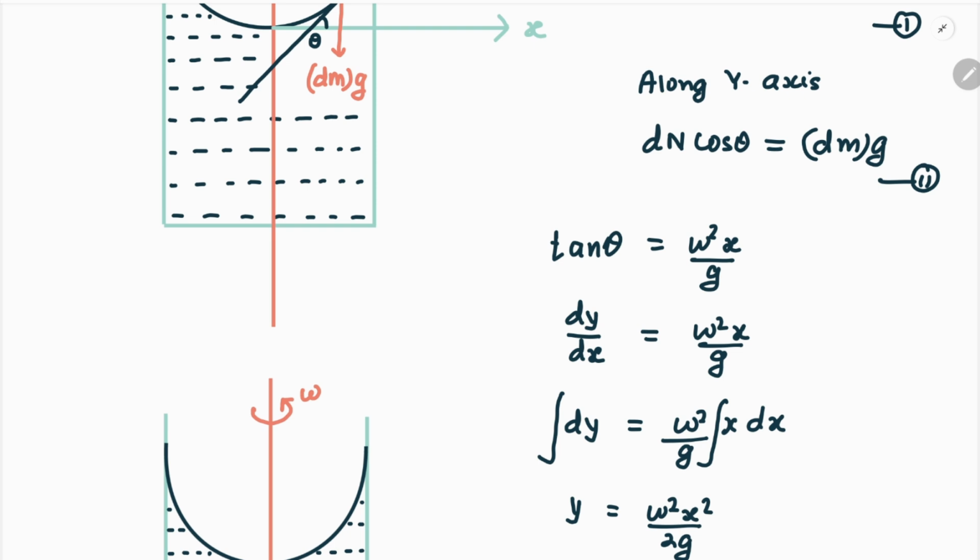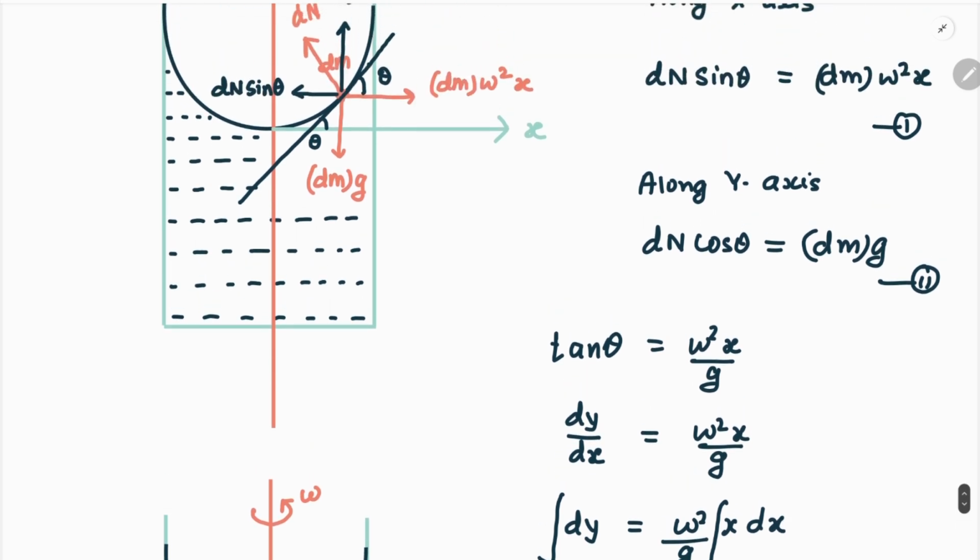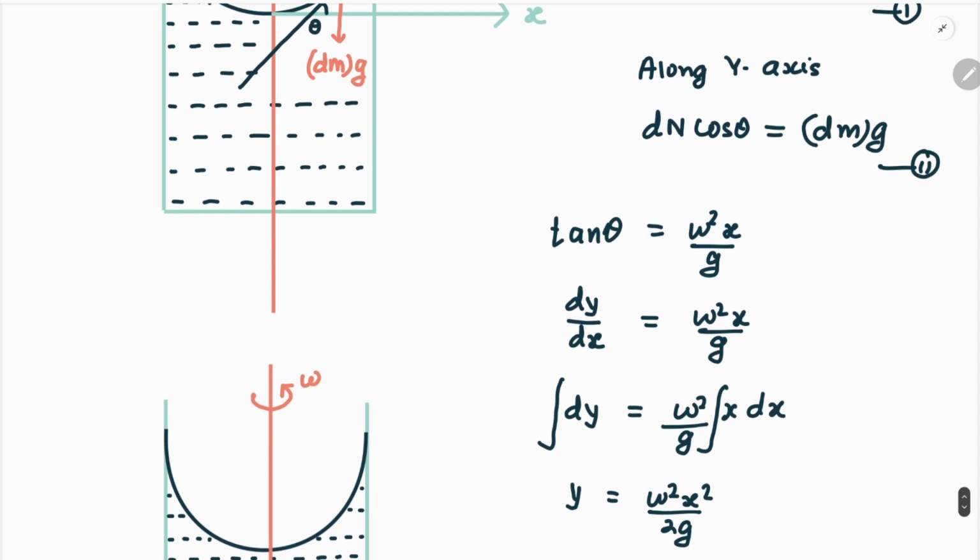So at any distance x on this axis, the increase in height is equal to omega square x square by 2g. So this is the first part of the problem, where it is asking us to find the shape of the free surface of water. The shape of the free surface of water is a parabola, which is evident from this equation that we have.